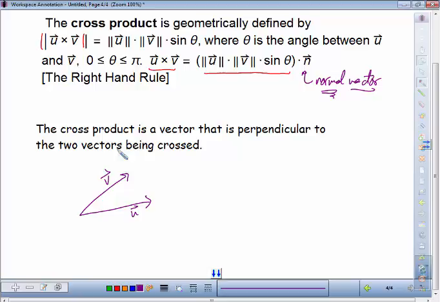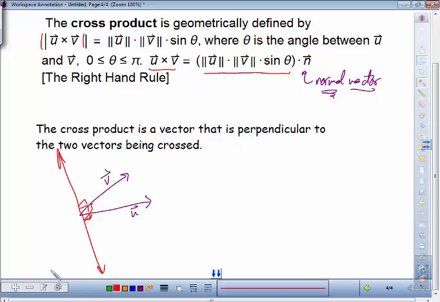Now, the tricky part is that there's two possibilities for this. Your cross product will either look like one of these two, but you can only have one answer. So if you imagine this cross product of these two vectors, I have two possible answers. I have an answer where it's going one way and an answer going exactly the opposite way.